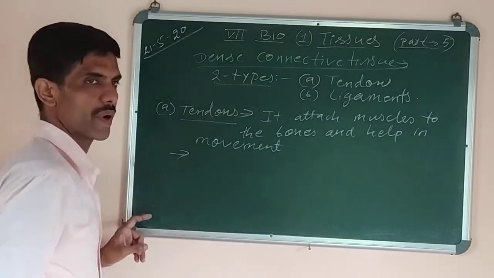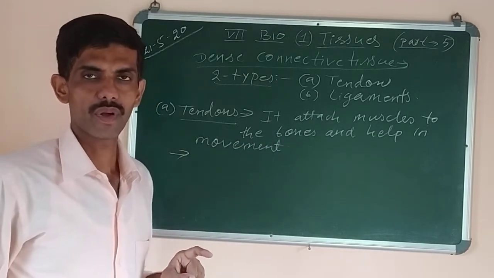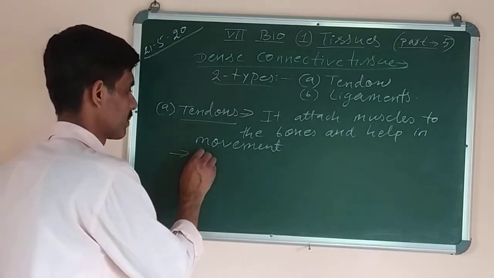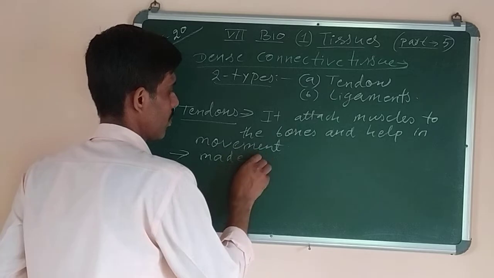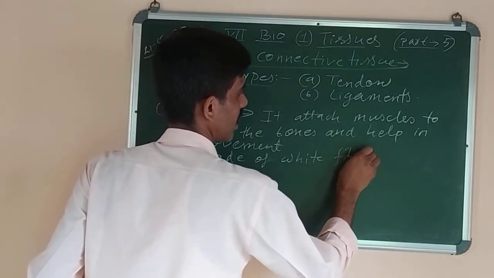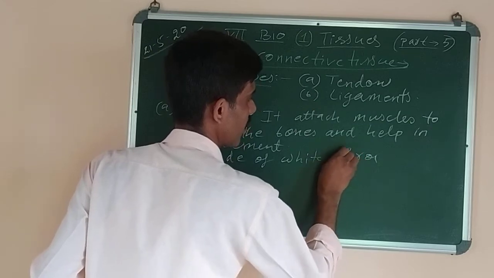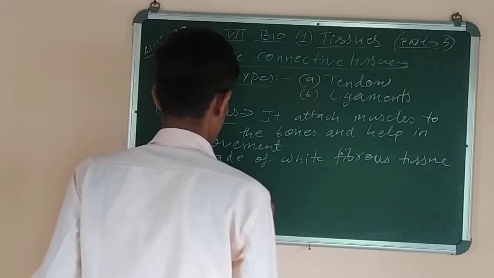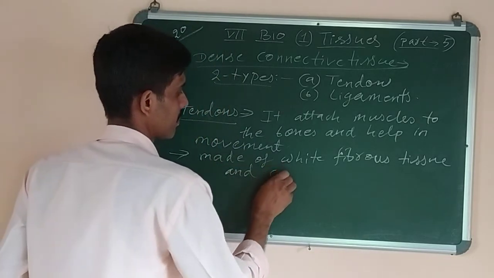Now, what are tendons made up of? They are made up of white fibrous tissue and collagen fibers. So, made of white, this is D, white fibrous tissue and collagen fibers.